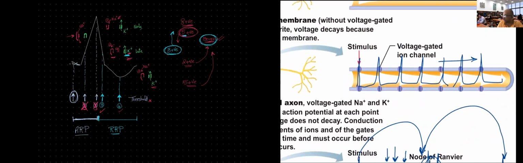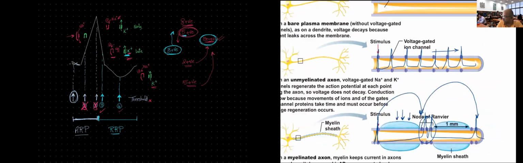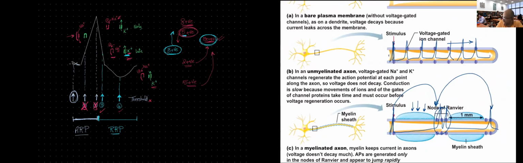So which one is faster, do you think? If you are forming an electrical signal at every single point of the nerve fiber, like this, or if you're forming the electrical signal only at the nodes of Ranvier, which one is faster? Unmyelinated or myelinated?